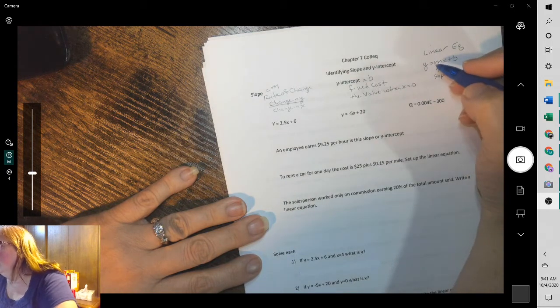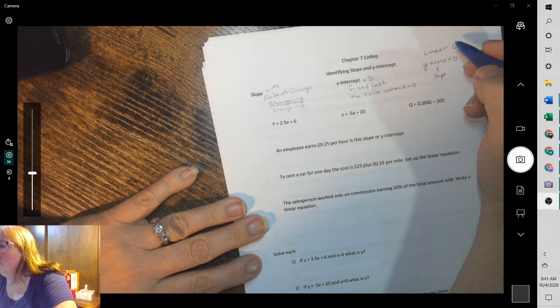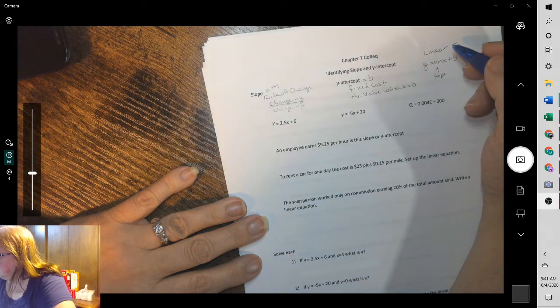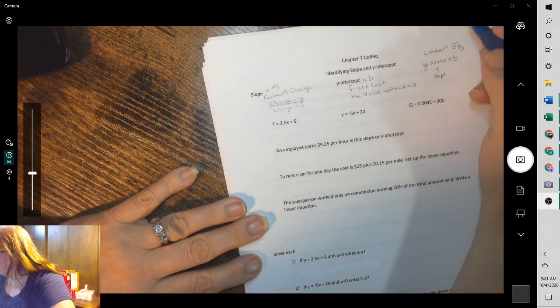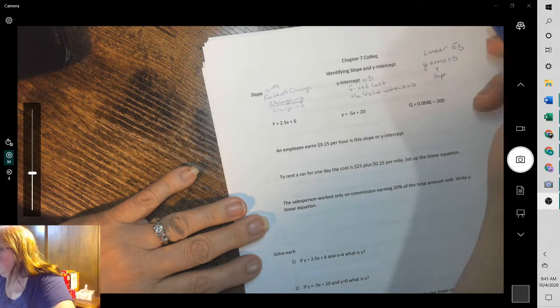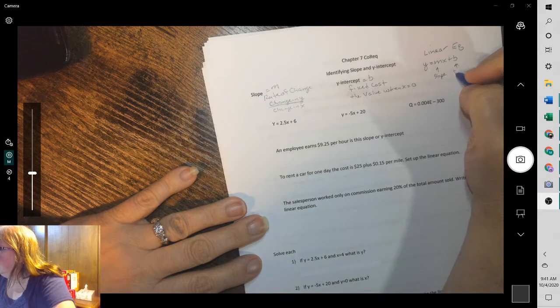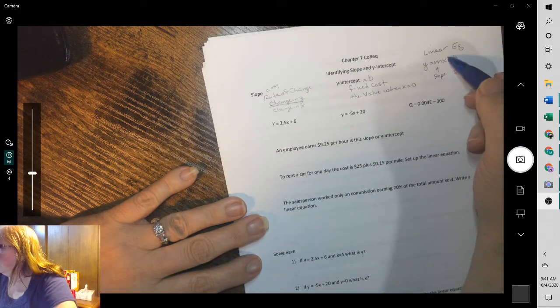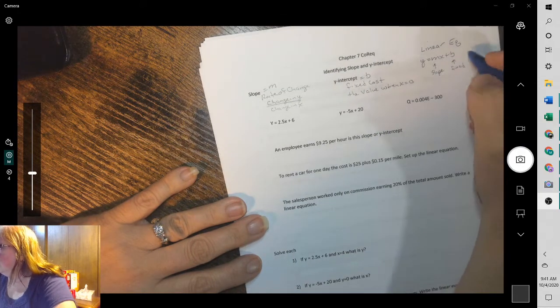It would be the things that were per hour, per day, per kilowatt hour. It's your rate of change gets multiplied by something. B is the fixed cost. It is the amount at time 0. So when x is 0, this would drop out. That's your fixed cost. Starting amount.